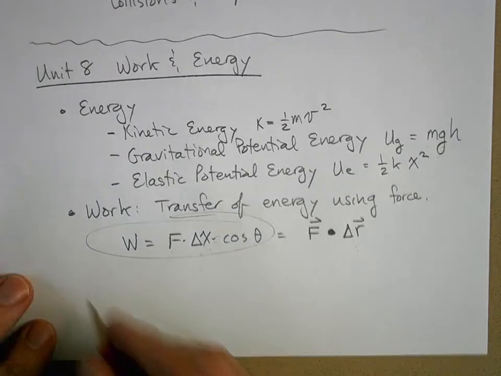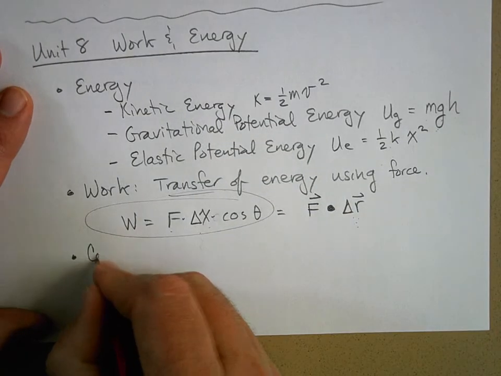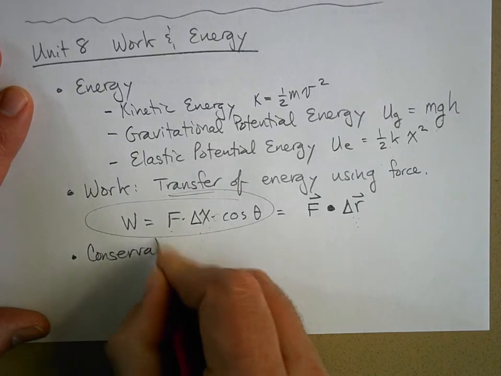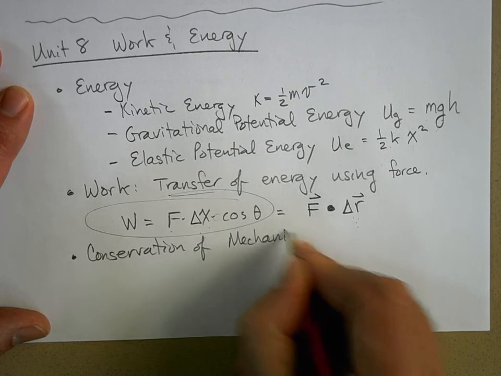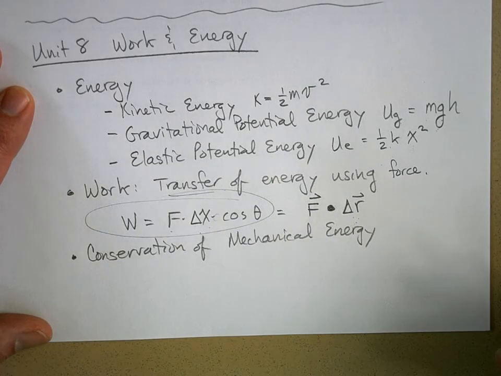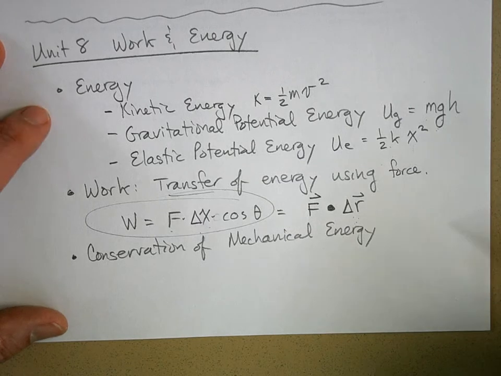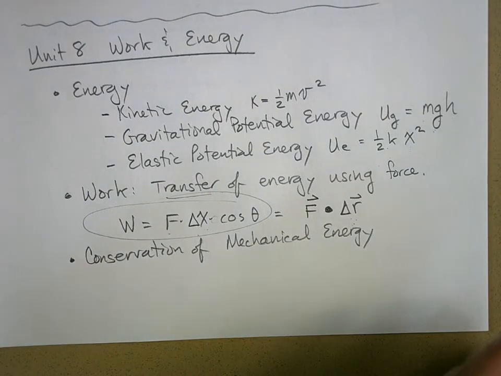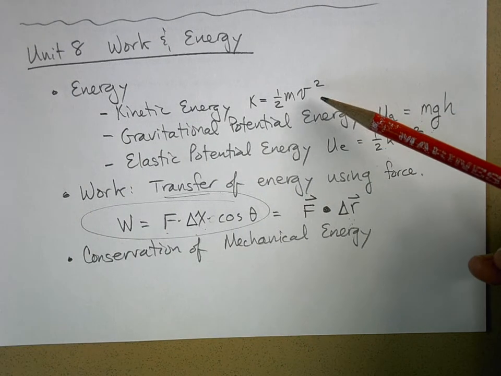Then we have the concept of conservation of mechanical energy. If the only forces doing work are gravity or springs, then if gravity does work on an object, it's going to slow the object down or speed it up, but in any case, that energy is turned into kinetic energy.